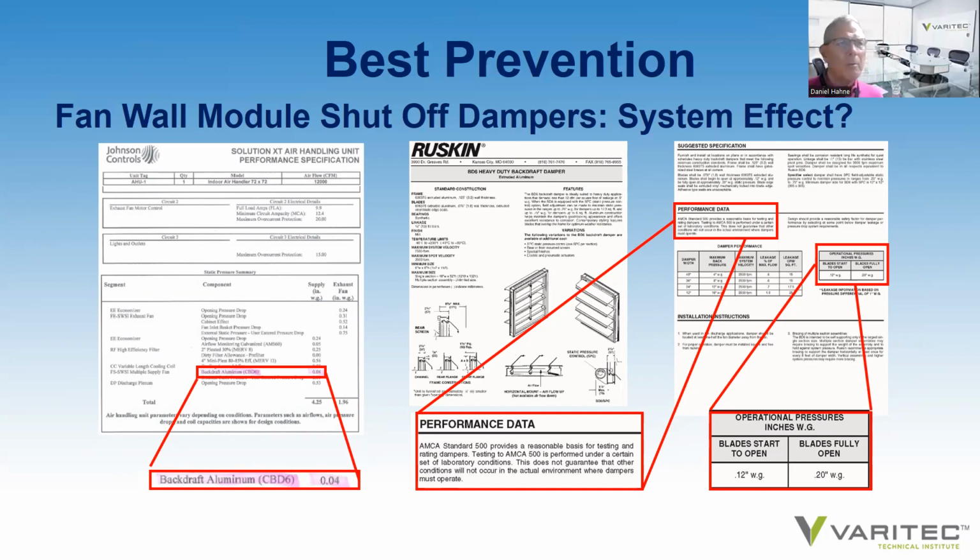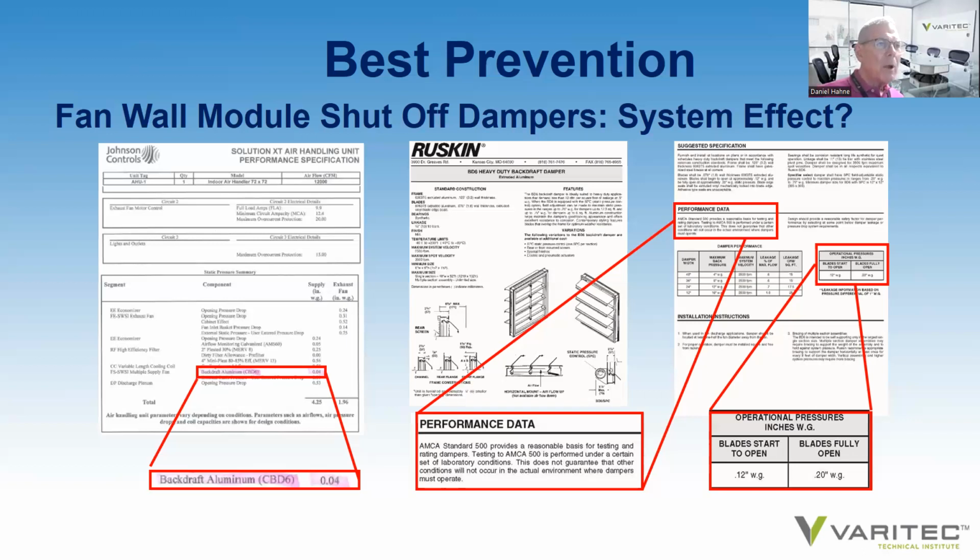Some of the fan wall manufacturers use blower assemblies, use backdraft dampers at the inlet of each module. In the event that a fan should fail, the damper will close and prevent backflow from the supply air chamber from entering that now dead opening and coming back into the mixed air section of the fan.